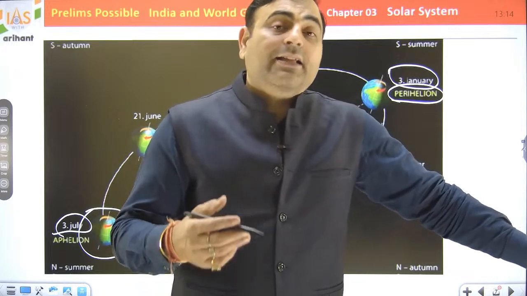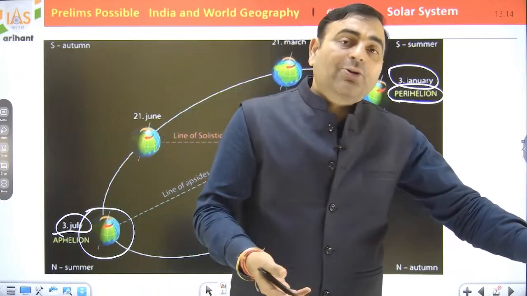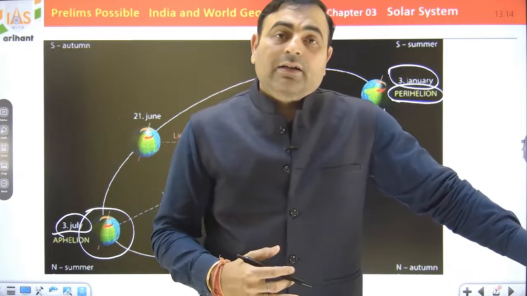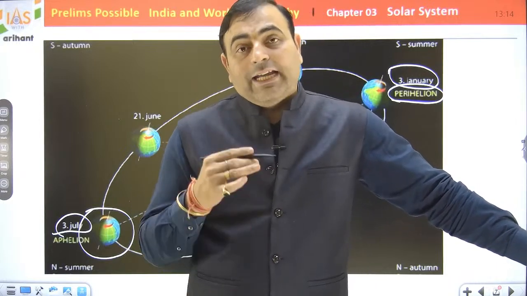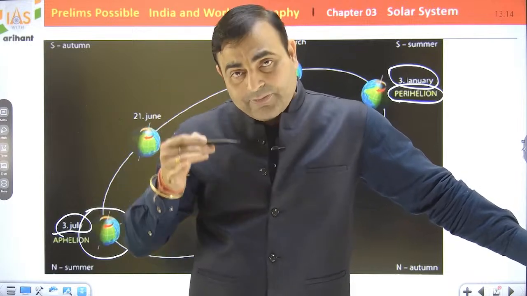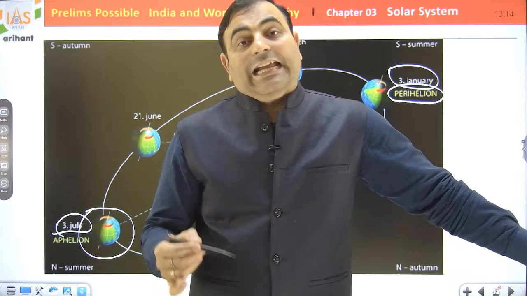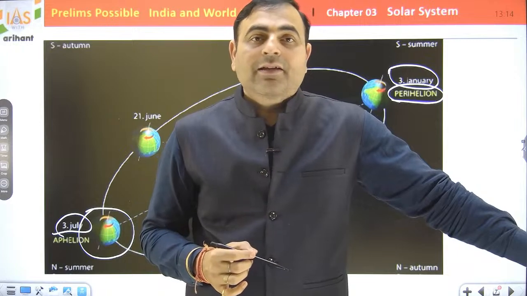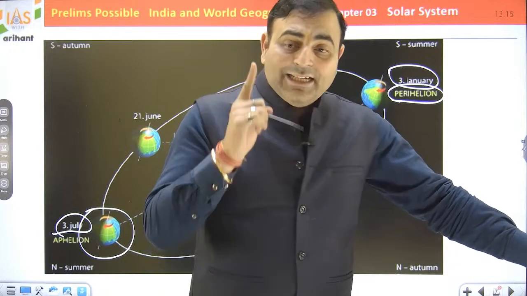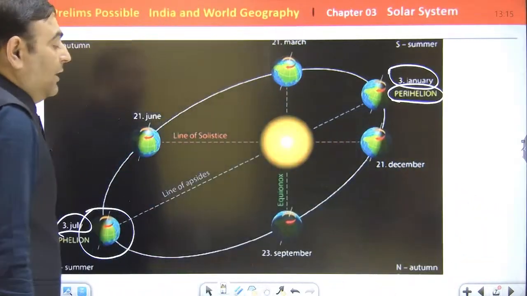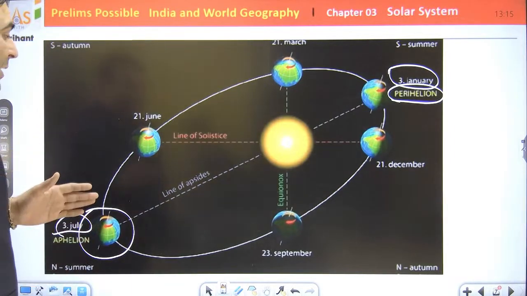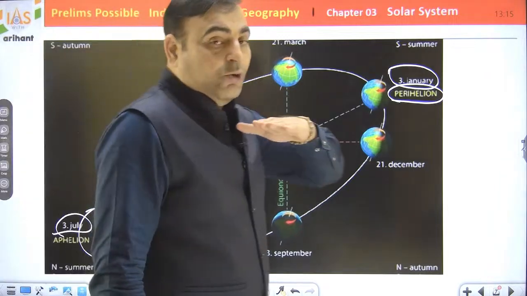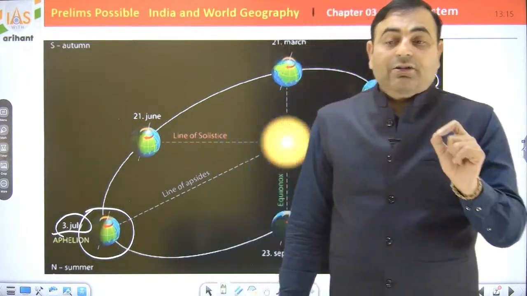And when the sun rays are perpendicular on the Tropic of Capricorn, it is summer solstice in the southern hemisphere. When the sun rays are perpendicular on the equator, it is a condition of equinox.